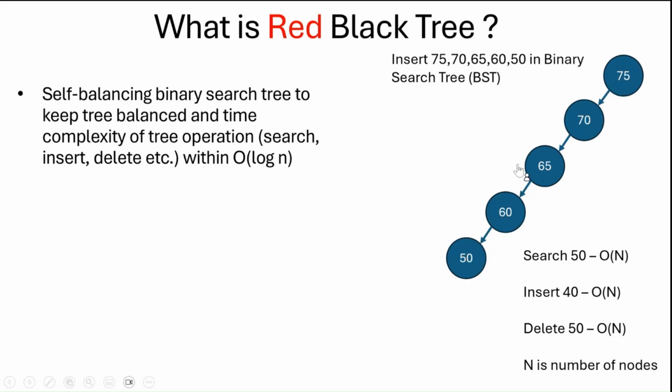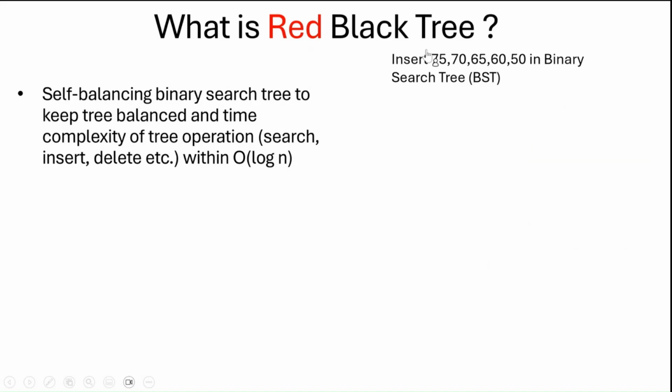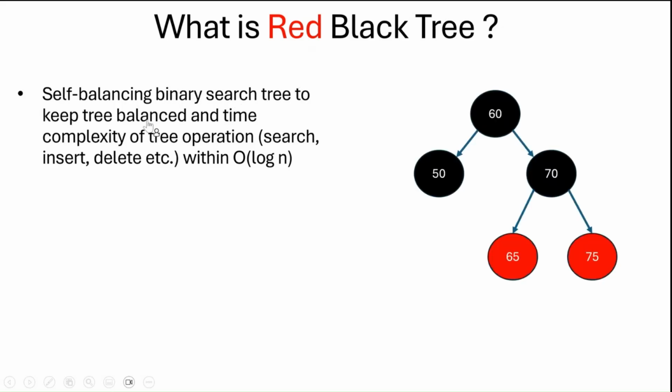Now we need a way to balance this unbalanced binary search tree. And that is what is supported in different self-balancing binary search trees. And one of the types is the red-black tree. Now, a red-black tree is a self-balancing binary search tree that keeps the tree balanced and keeps the time complexity of tree operations like search, insert, delete within log of n only.